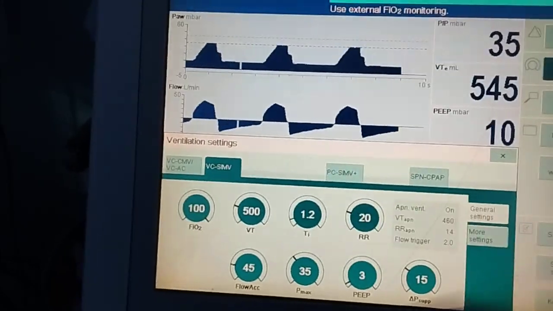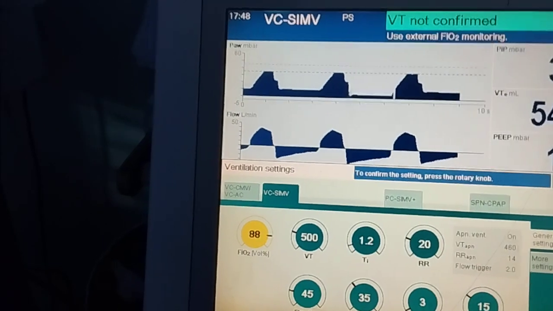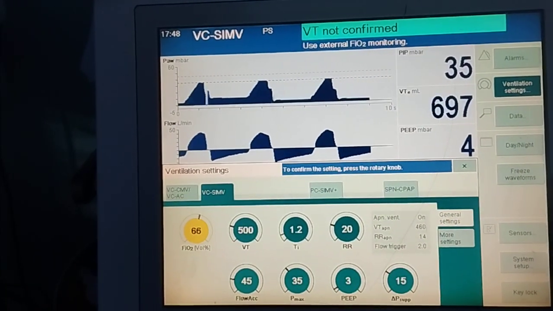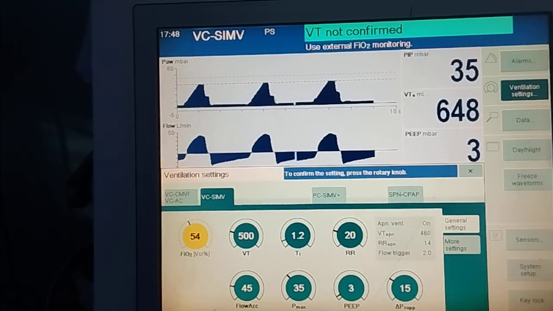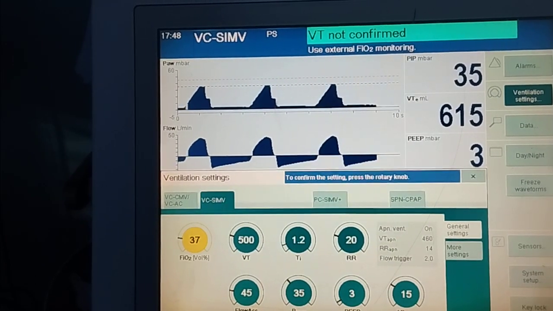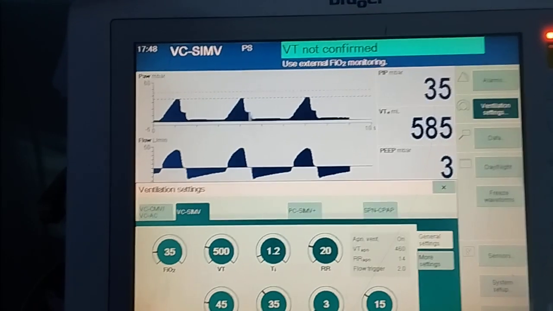So now I'm gonna set these settings back to the original settings. My FiO2 was 35%. So I'm going to take it to 35%. I'm done. Okay, now tidal volume was 500, so that's okay.